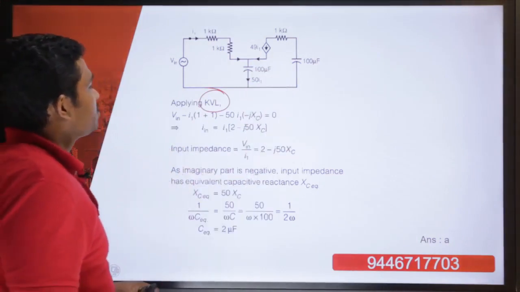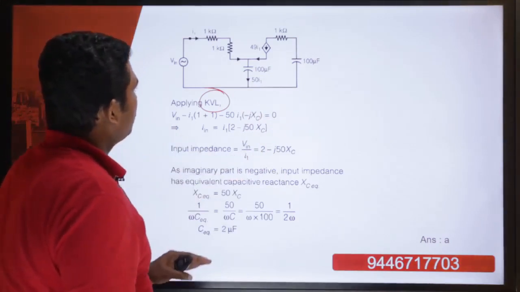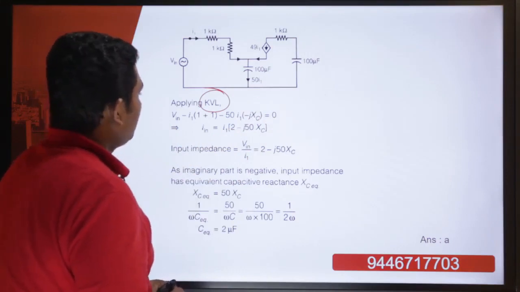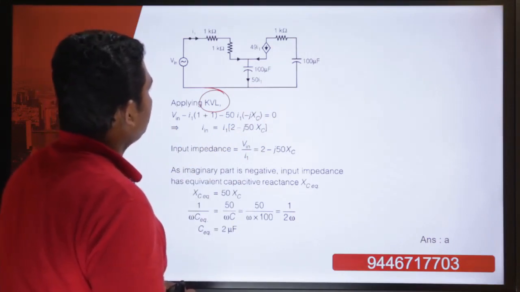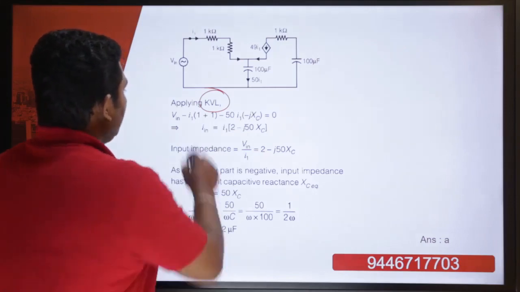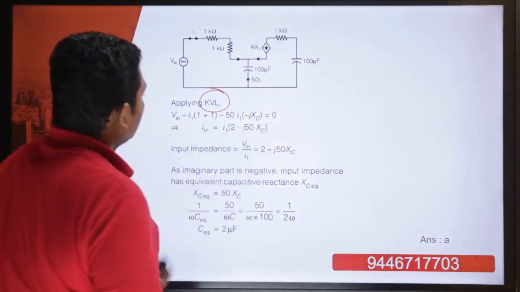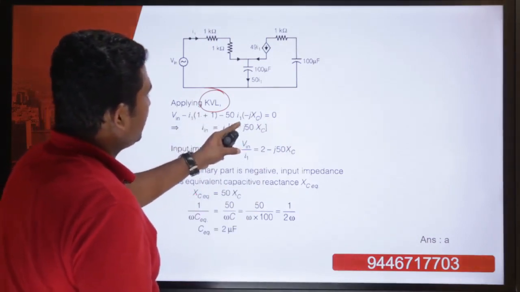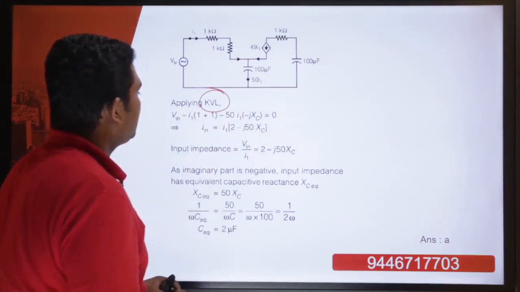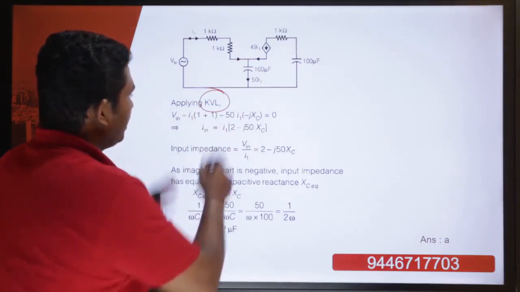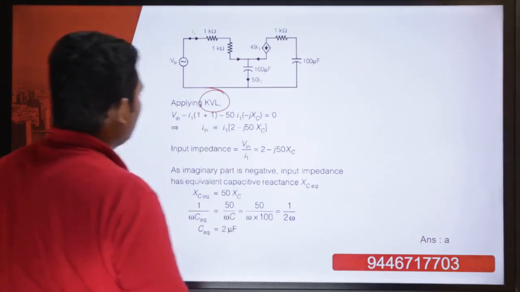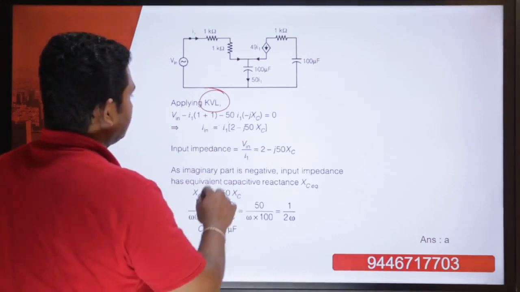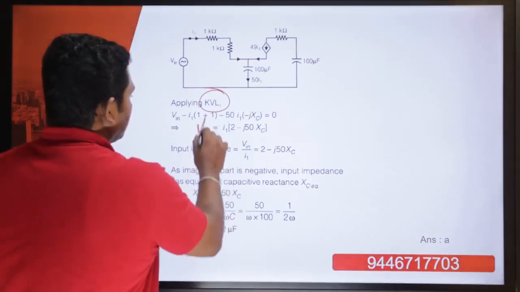So Vin is equal to 2 I1 minus 50 I1 minus 50 jXC I1, isn't it? So we can take I1 as common. This is not In, this is actually Vin.